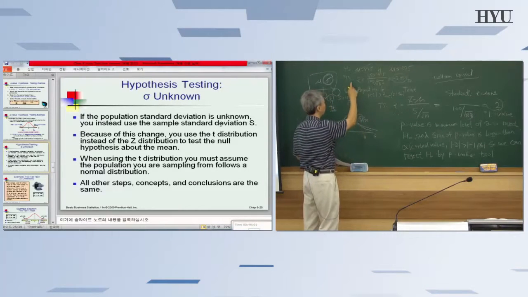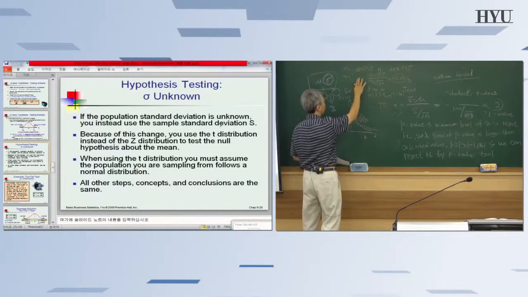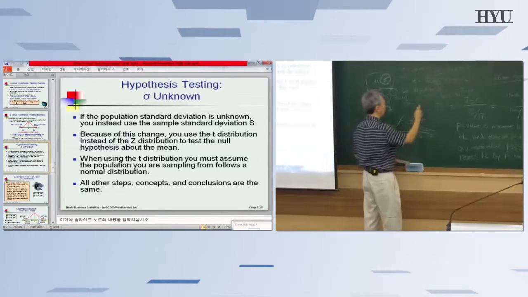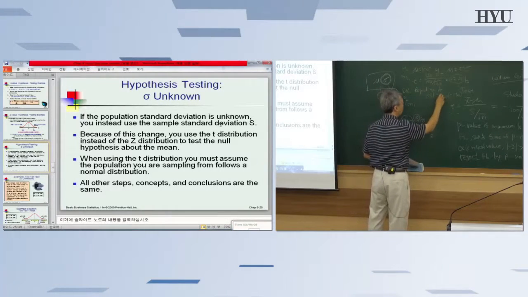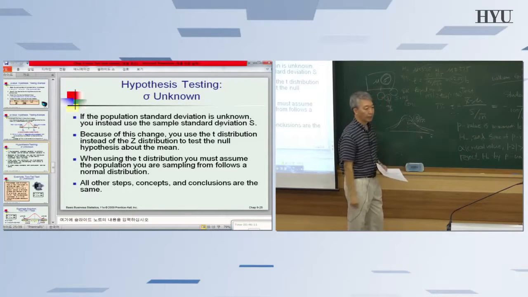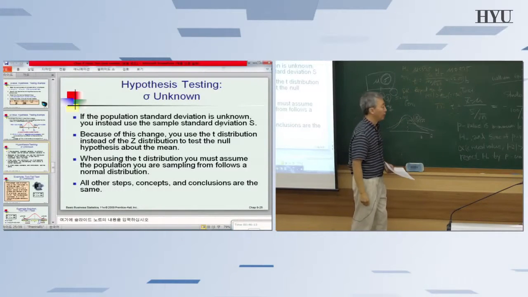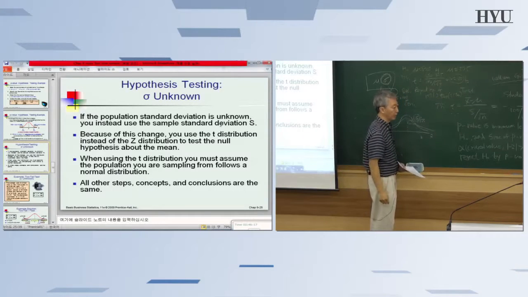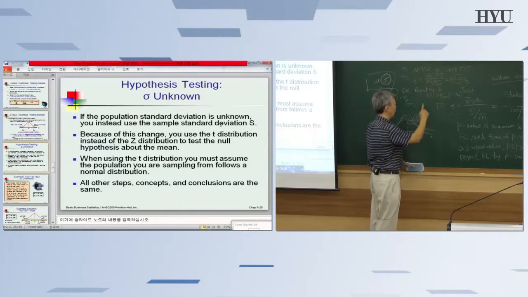The way you run the test is the same. You set up the null hypothesis and alternative hypothesis, and you calculate the test statistic. If you're using the critical value approach, instead of the Z-score, you use the T-score for your critical value, and you make the decision that way.